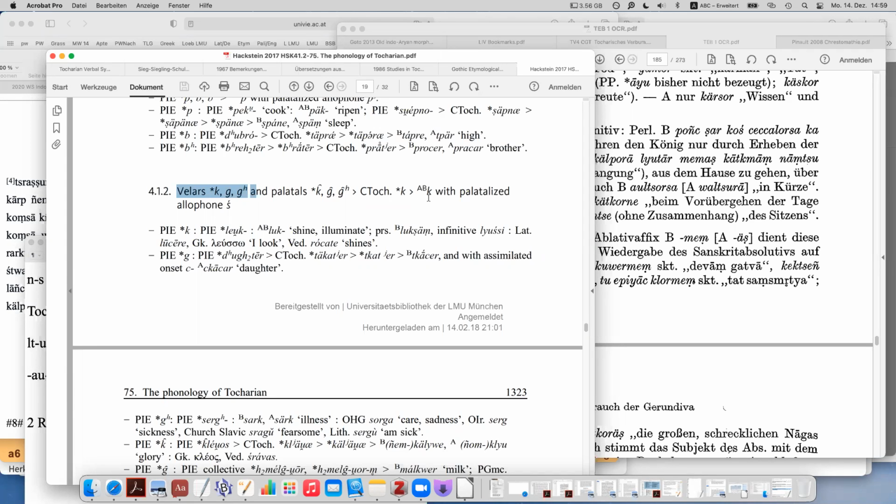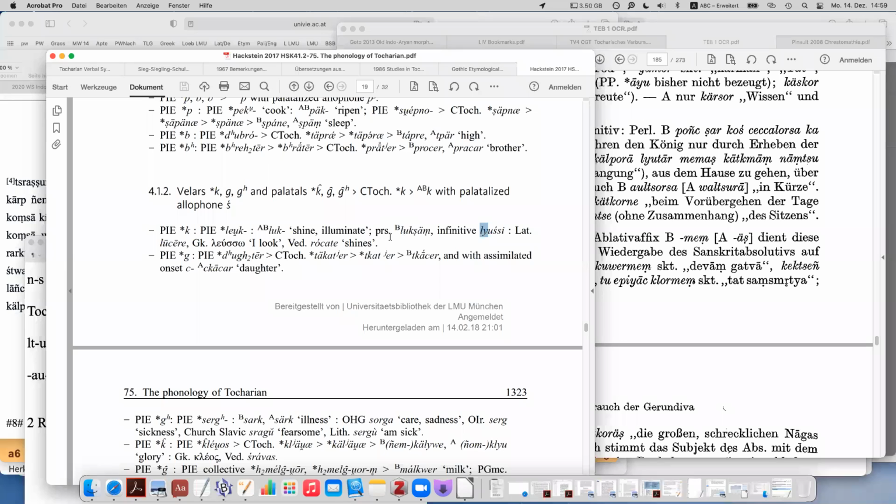Okay, but this velar k will be palatalized to sh before a high vowel or before a palatal vowel, namely before an e vowel. So this is the reason why we have luksha, but infinitive we have lusha. So this lu, lia, is the palatal version of le.